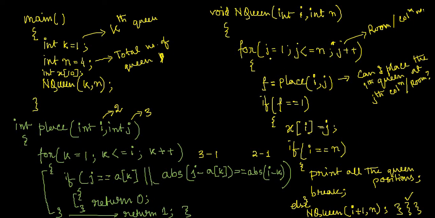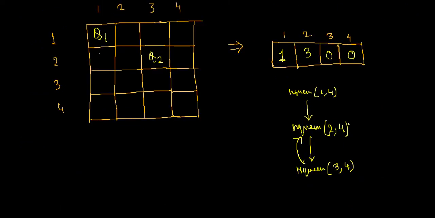But you see, when queen 2, 4 called queen 3, 4, the for loop of queen 2, 4 was not completed yet. That means when the control jumped from queen 2, 4 to queen 3, 4, the for loop was paused for a moment.